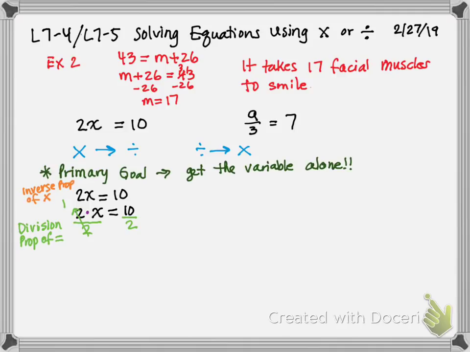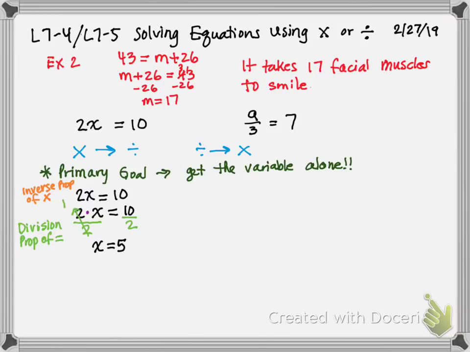So when I multiply reciprocals, 2 times 1/2, that's the same thing as dividing by 2, is to multiply by 1/2, then I'm always going to get 1. Now, the identity property of multiplication comes into play, and we multiply 1 times x, and we get x. And on the other side, we get 10 divided by 2 is 5. So lots of properties going on just in that one teeny problem, okay?